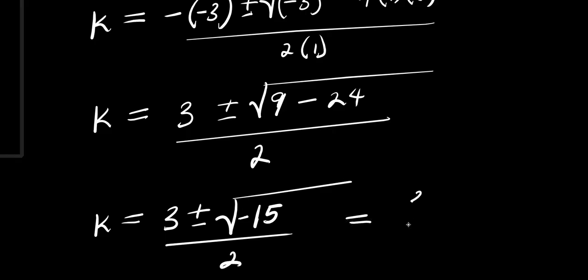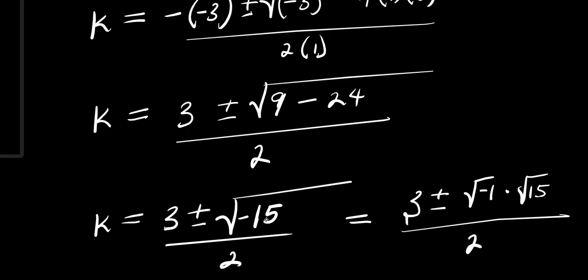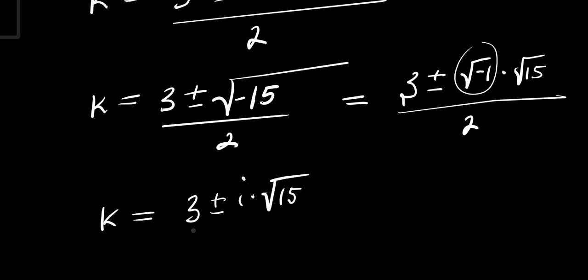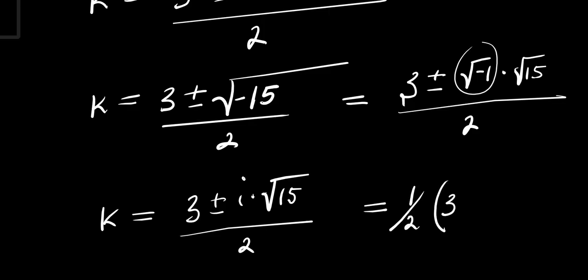So this equals 3 plus or minus the square root of -1 times square root of 15, divided by 2. So from here we have k equals 3 plus or minus, square root of -1 is iota, that is i, times square root of 15, divided by 2. So this will give us 1/2 of 3 plus or minus i times square root of 15.